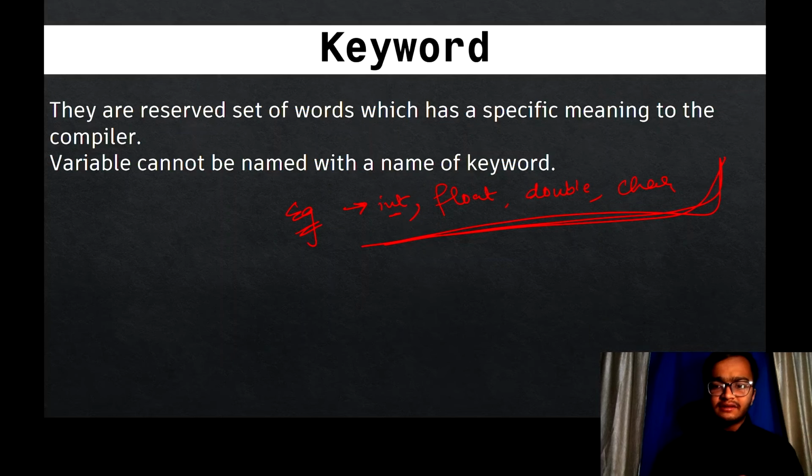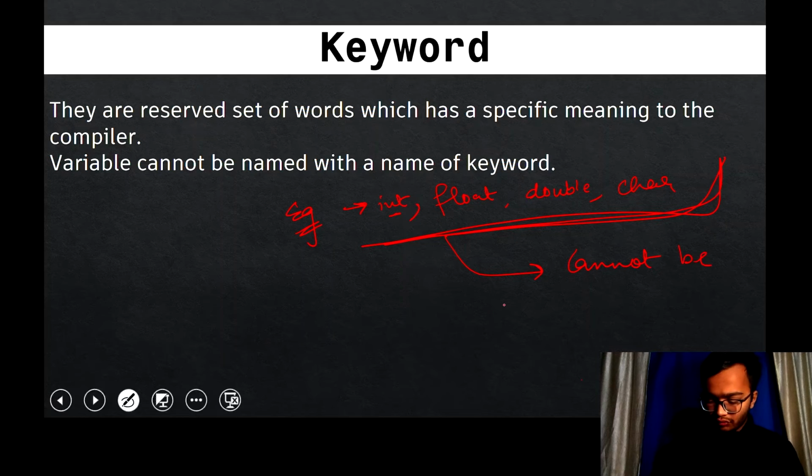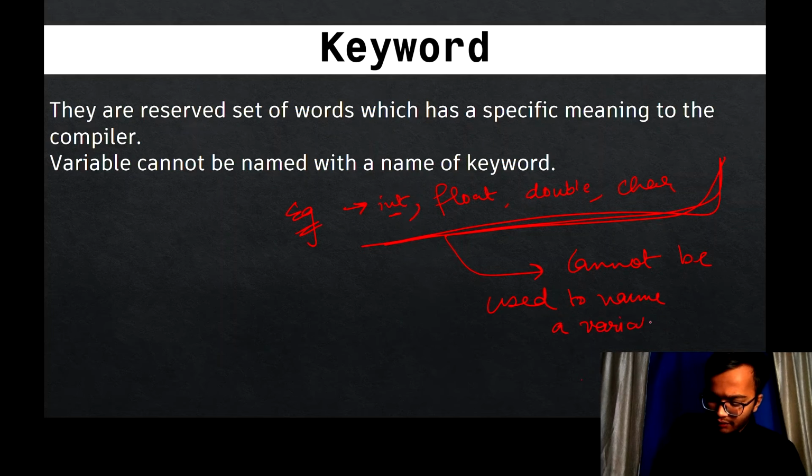They have a specific meaning to the compiler, and they cannot be used to name a variable. Why can they not be used to name a variable? You know it, right? Because they have a different meaning to the compiler.